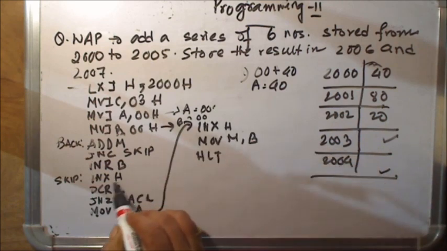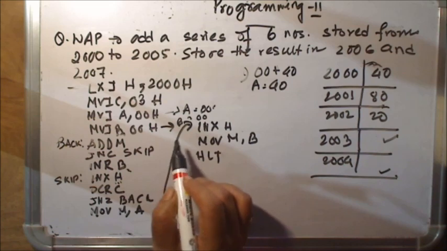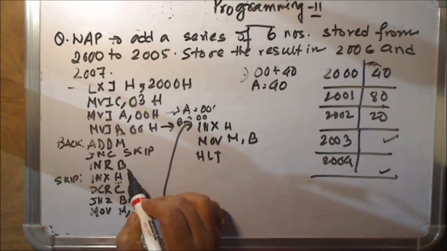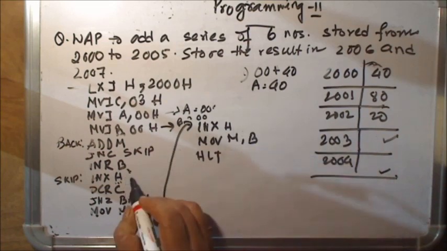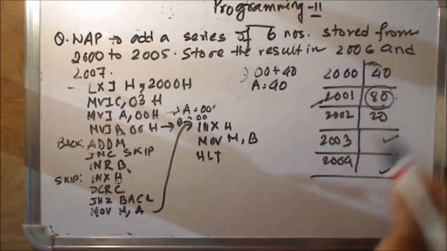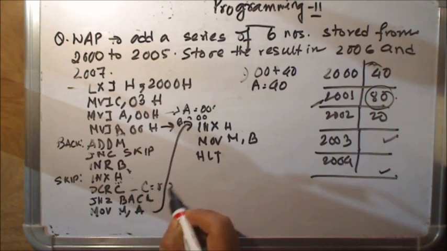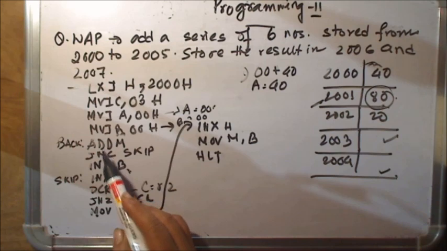No. So register B will not be incremented, it will be 00 only. So it will go to INX H, the next memory location, that is 2001. Which is our M now? 80. We will decrement the count. C will be 02. JNZ, jump back.